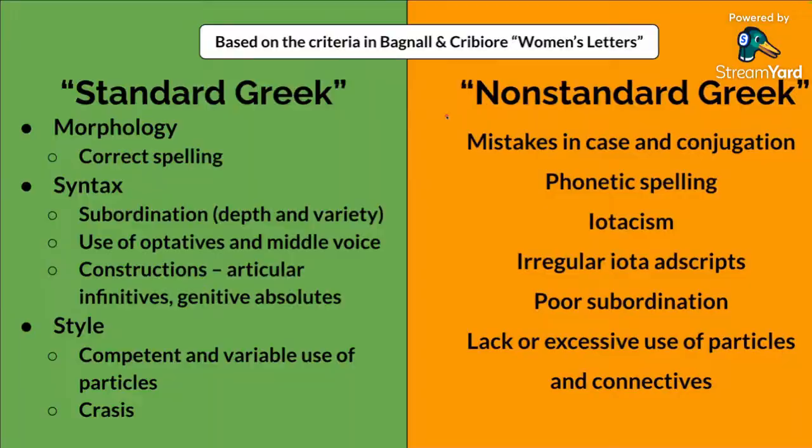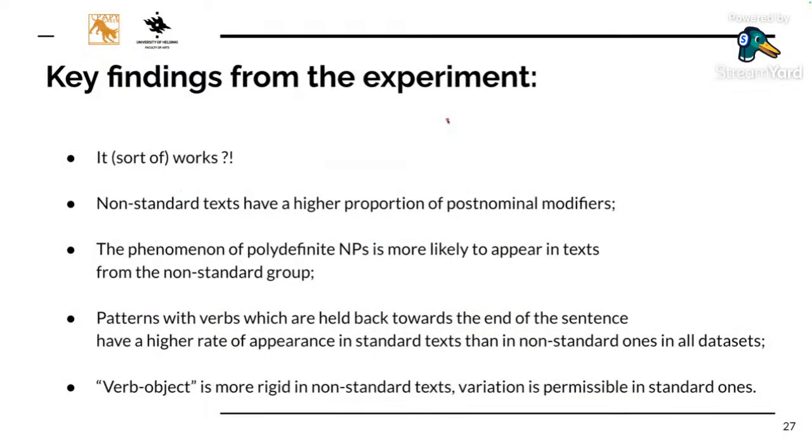Of course, this is super experimental and it can be refined much more in the future. But with it, I've been able to find that it surprisingly sort of works. And that in non-standard texts, for example, we have more postnominal modifiers than in standard ones, and other interesting things that set the two types apart.